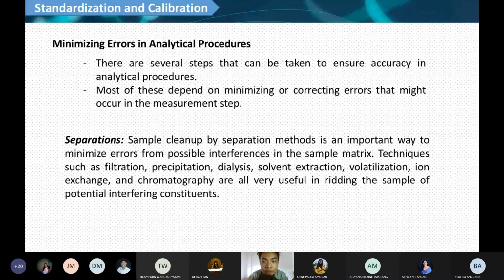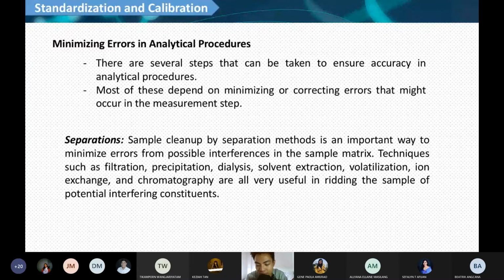For the Pasig River solution that we obtained before, we filtered it using filter papers, so that the plastic materials, the soil, whatever is in there that is heavy enough or thick enough to block the instrument, will be removed from our sample. Yung mga plastic, filter mo sila para ma-remove sila.